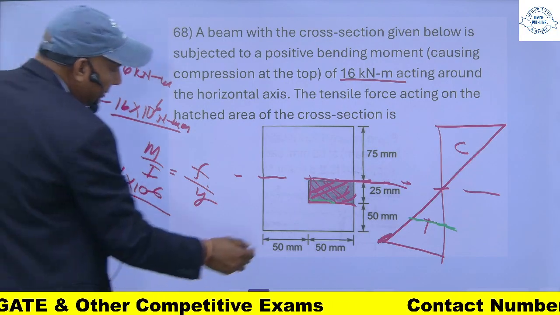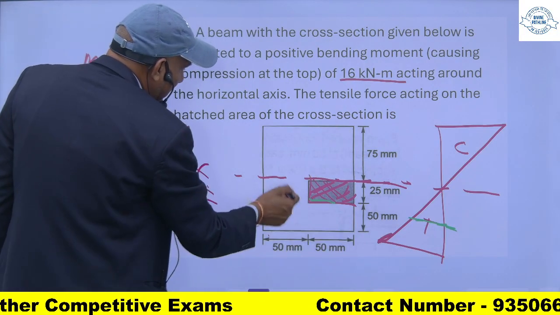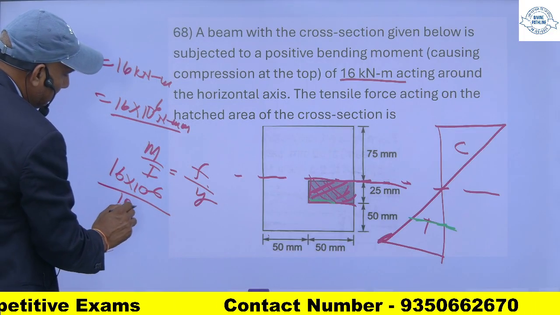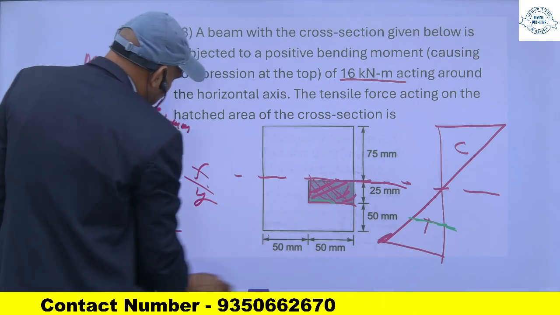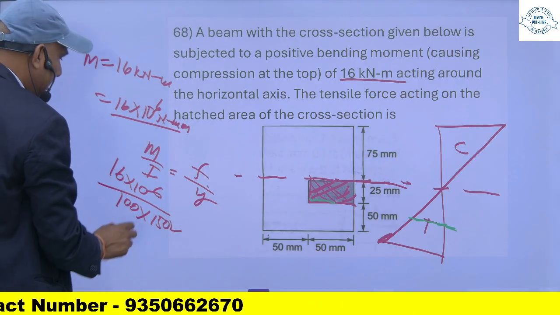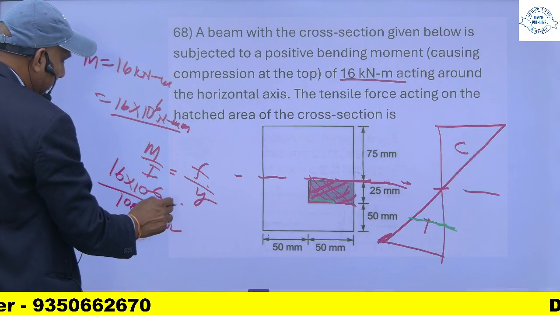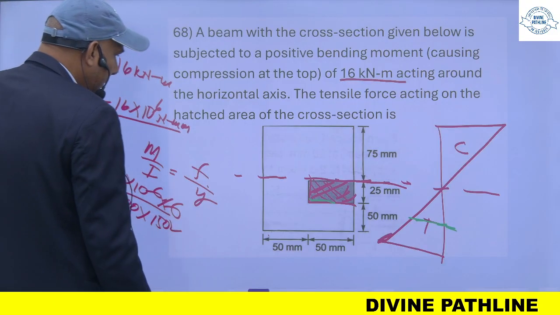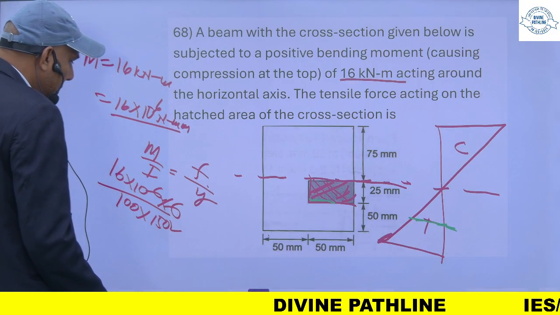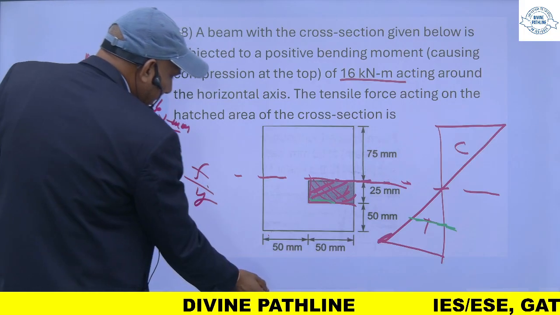I is the moment of inertia about the neutral axis. This is 150 by 6. So this is basically Z.